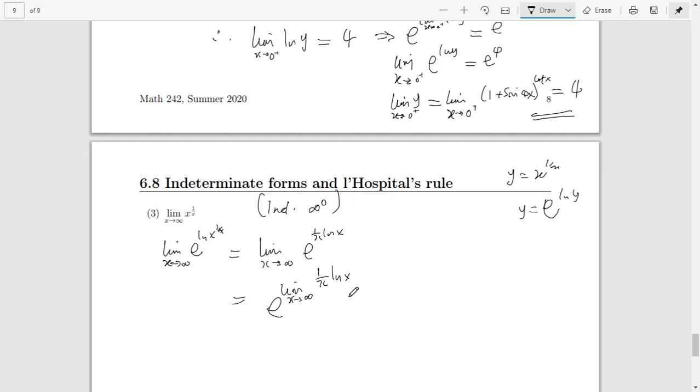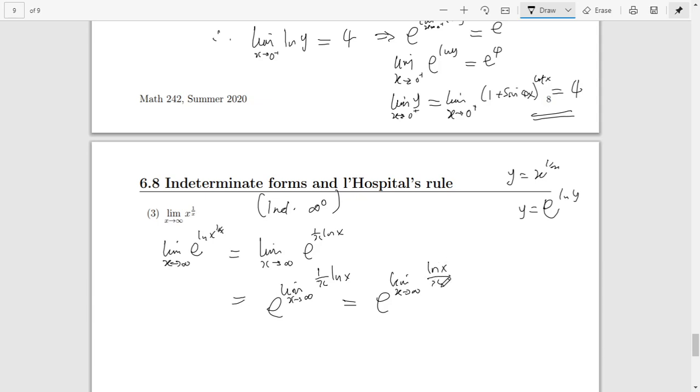But one way to see this is the same thing as the exponential of the limit as x tends towards infinity, since 1 over x times ln of x is the same thing as ln of x over x.